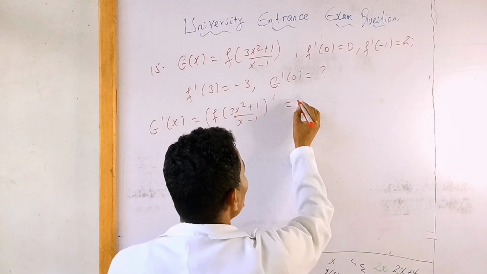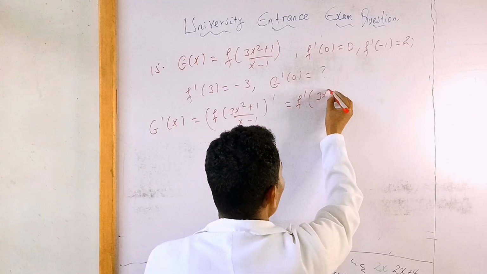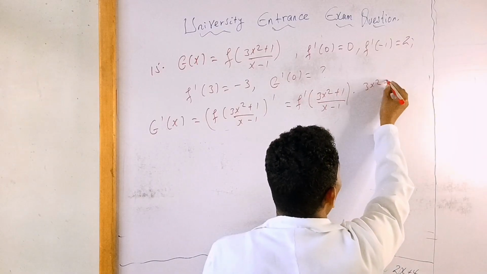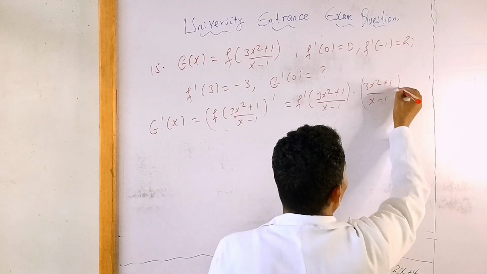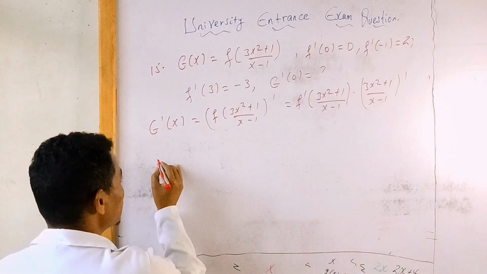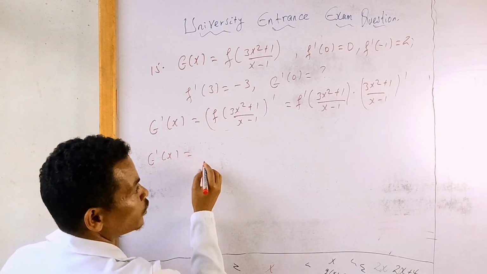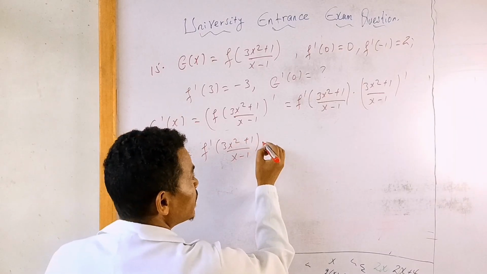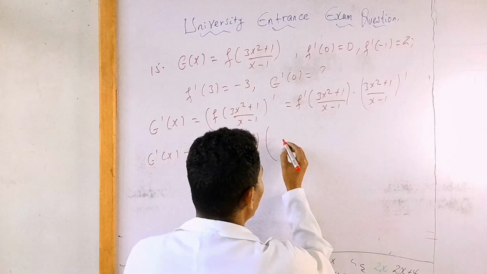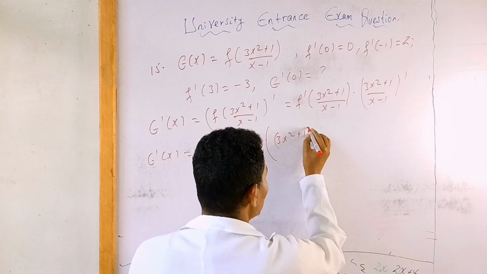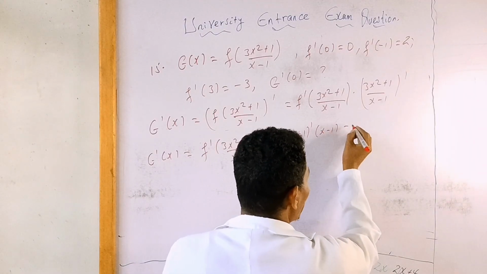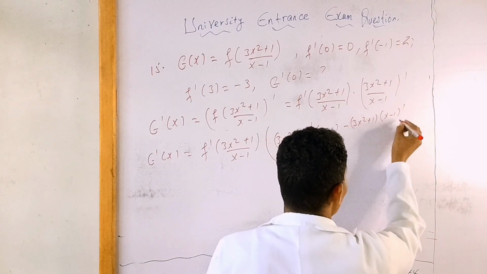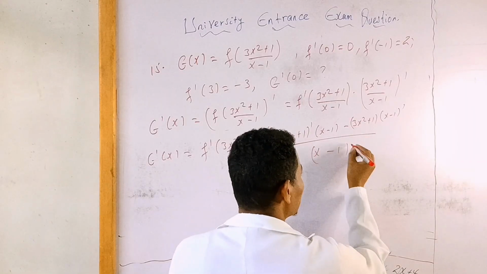When we take this derivative, it is f derivative at 3x square plus 1 over x minus 1 times the derivative of 3x square plus 1 over x minus 1. That is, g derivative at x is equal to f derivative at 3x square plus 1 over x minus 1 times the derivative of 3x square plus 1 times x minus 1 minus 3x square plus 1 times the derivative of x minus 1, over x minus 1 the whole square.